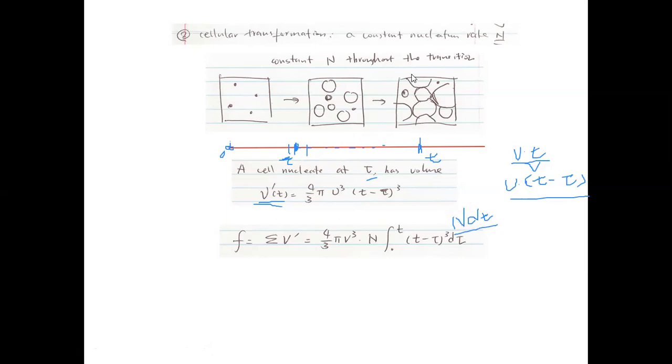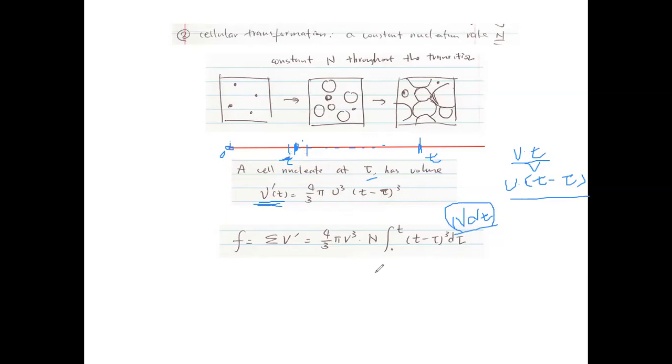Let me write one more equation for you. For example, if we're looking at tau, this is the volume of that particle nucleated at tau if we make an observation at time t. But what is the total number of such particles of this volume? We're assuming a constant nucleation rate, which means a number of particles per unit volume, per unit time, and this is, roughly speaking, the number of particles that nucleated at time tau.